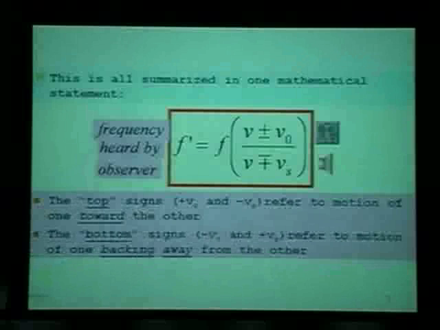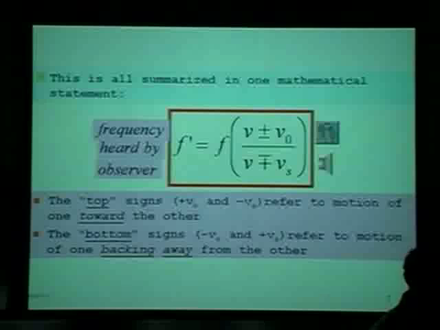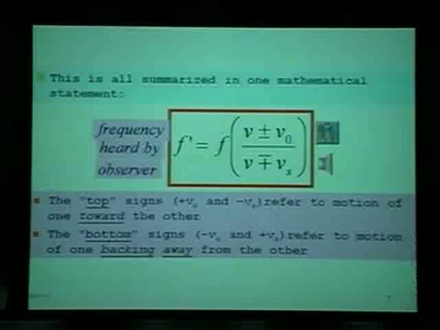In order to figure out what is toward and what is backing away for particular objects, this is what you should do. If you're thinking about the observer, the numerator of this equation, then you put yourself in the shoes of the observer. I know that somewhere over there is the source.